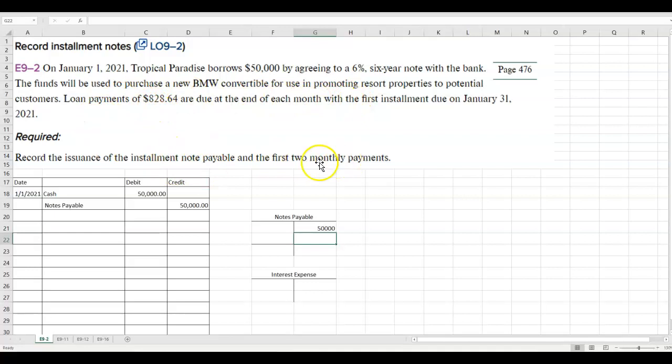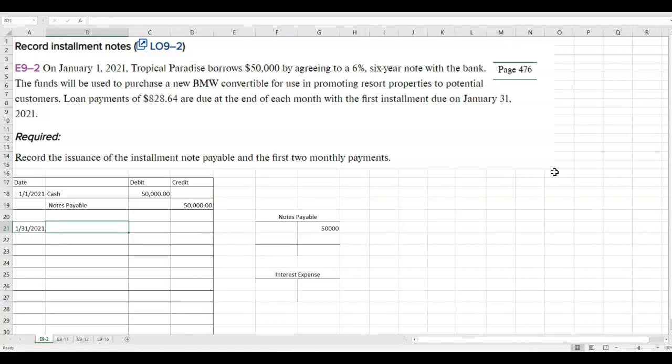And then we want to make the journal entry for the first 2 monthly payments. They're due at the end of the month, so the first one is due 1/31/2021. And we're going to have some interest expense.